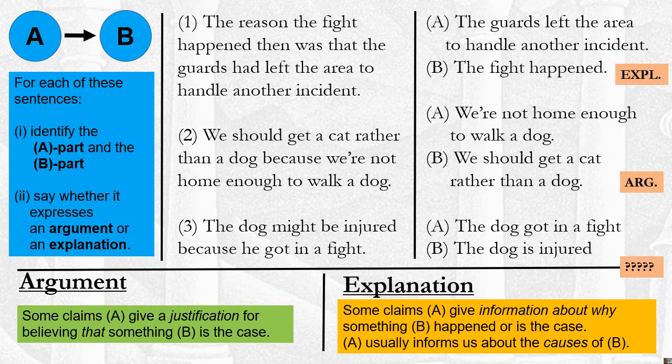What makes it the case that some passages can be either arguments or explanations is that we don't really have the context around that statement. We don't know who is saying the passage in 3. We don't know who's saying "the dog might be injured because he got in a fight." And it depends on what they're saying and what they're intending to say with that string of words whether or not this passage counts as an argument or an explanation.